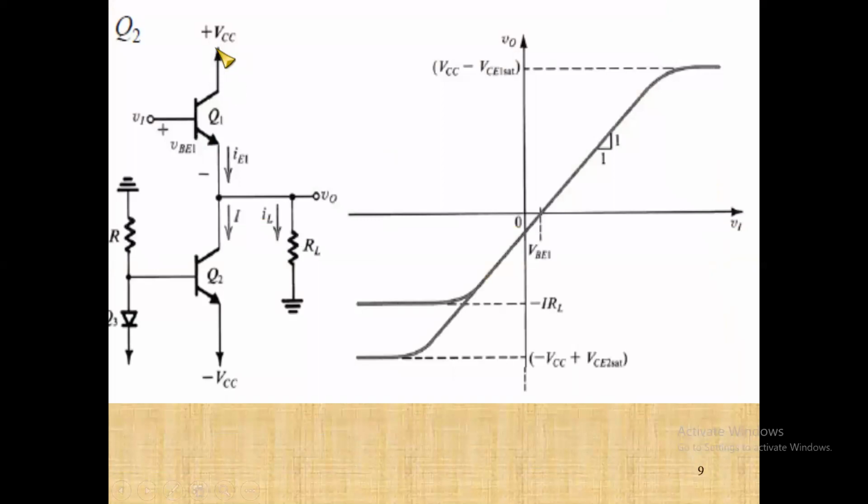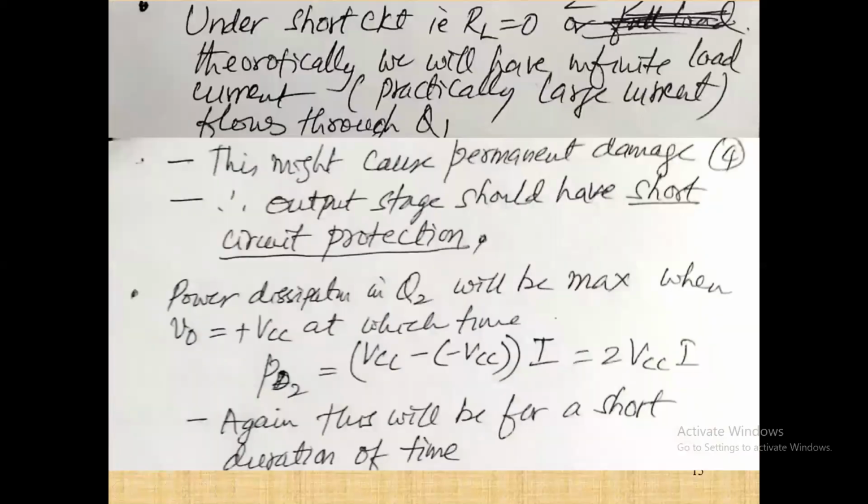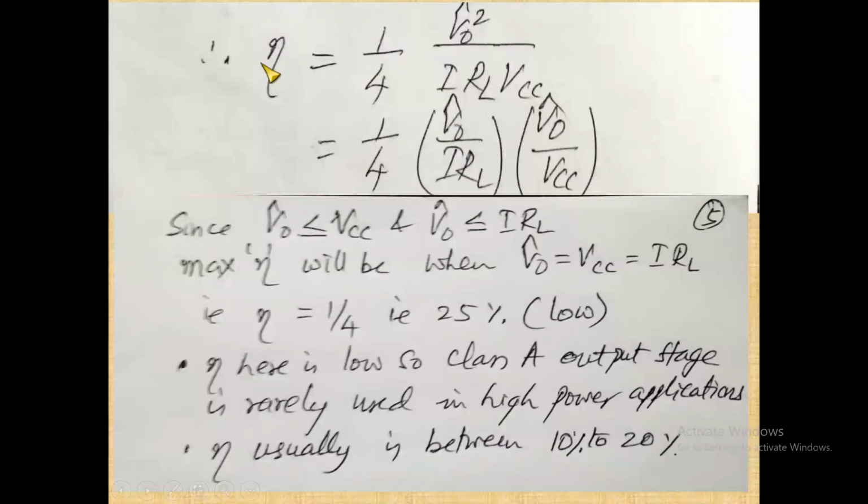Therefore, the maximum supply power will correspond to PS equal to VCC minus of minus VCC into I, that is 2 VCC I. So we need to divide this with this to get the efficiency. So efficiency will be 1 by 4 times V naught square by I RL VCC. So we can write V naught by I RL and V naught by VCC.